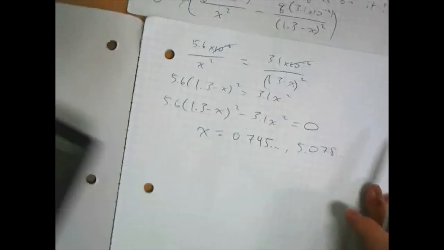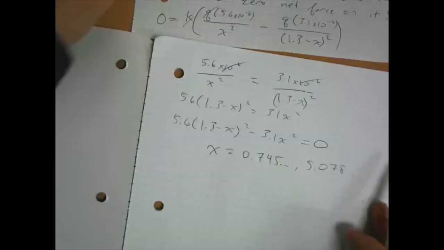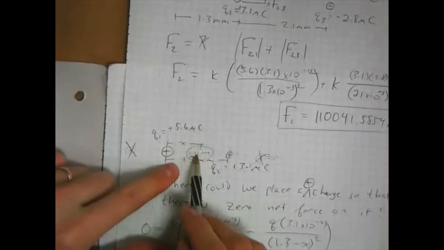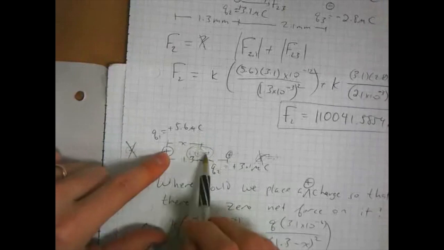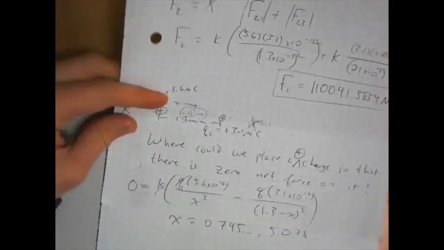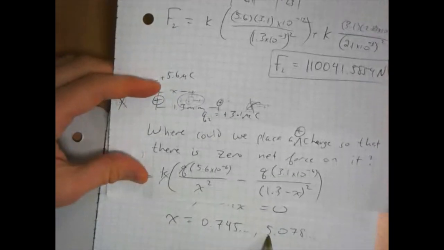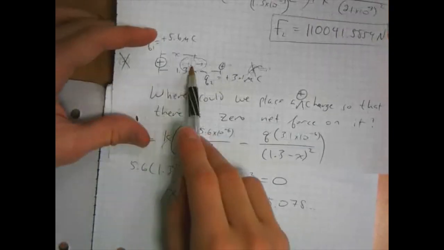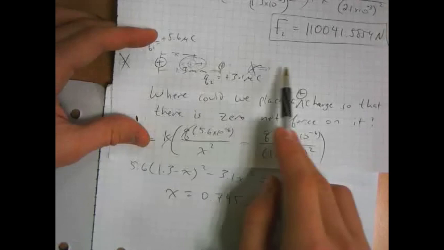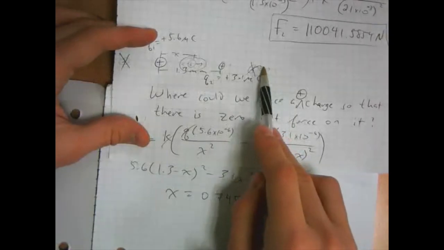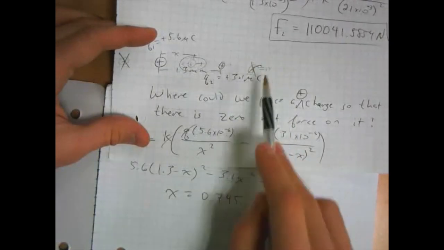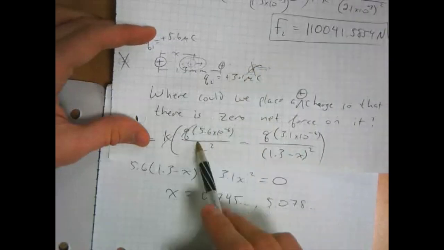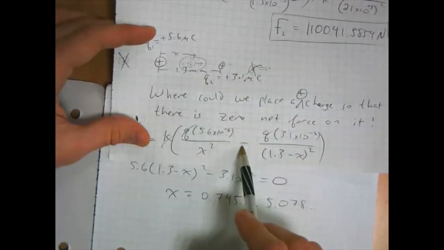But let's go back to our original situation. We wrote our equation based on the assumption that this charge is going to be in between the two of them. Now, if X is 5.078, this charge would not be between the two of them. It would be somewhere over here. But this equation isn't valid for somewhere over here, because for somewhere over here, both of these would have been positive. So this one turns out it's not a solution.